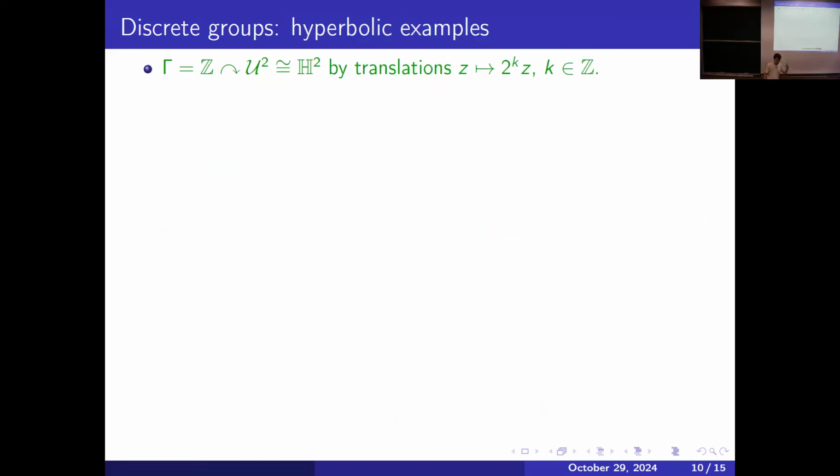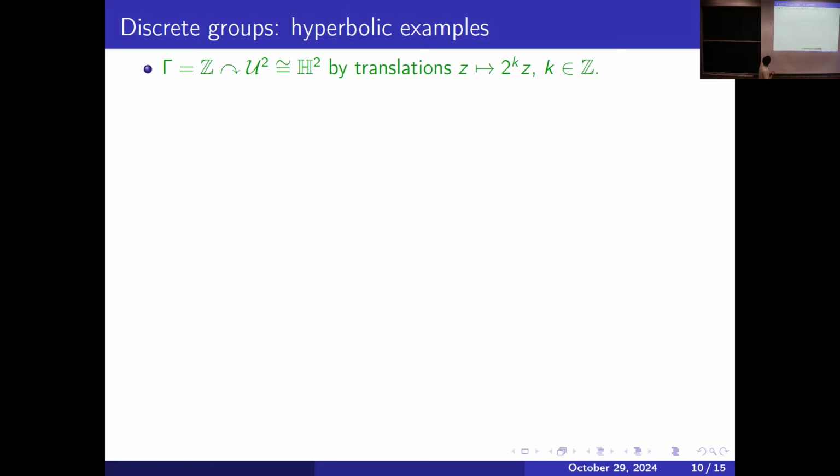Okay, then hyperbolic examples. Those were Euclidean examples. Now a couple of hyperbolic examples. I can also consider a group Z acting in the hyperbolic space. First of all, a hyperbolic line is just a real line, so it's not that interesting. It will also act discretely on the hyperbolic one-dimensional geodesic. It is similar to the action on the real line.